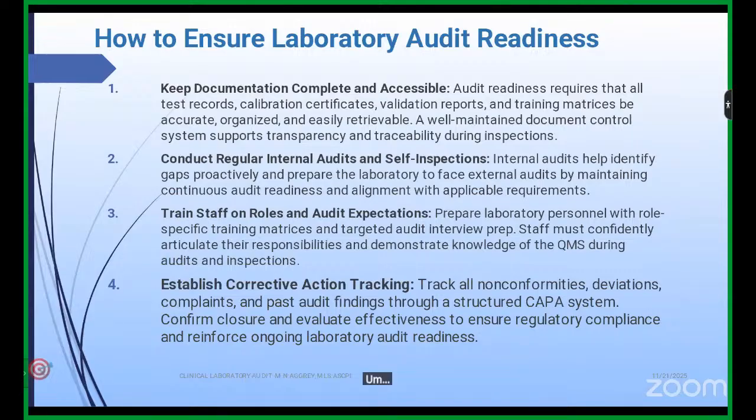We need to establish corrective actions and also tracking. We need to track all our nonconformities. We track our deviations, we track our complaints, and address all this. We need to track even past audit findings through a structured CAPA form, corrective and preventive action form.